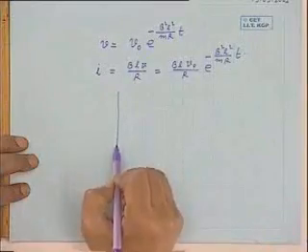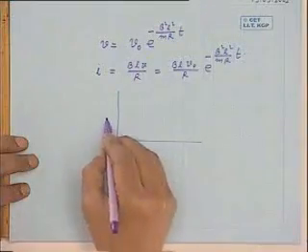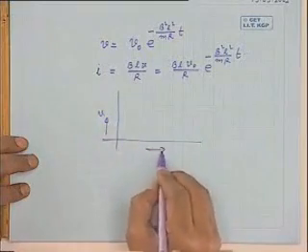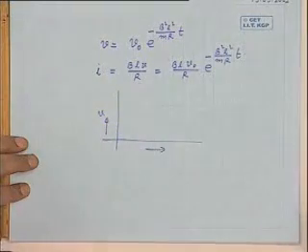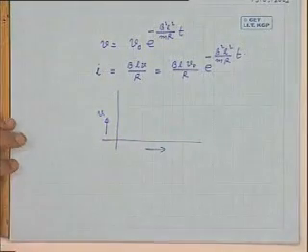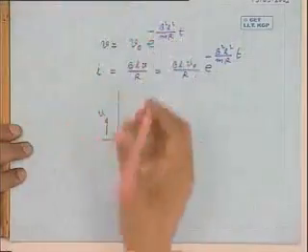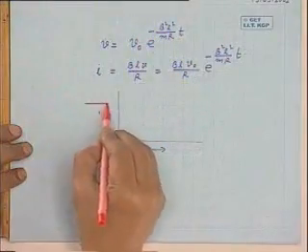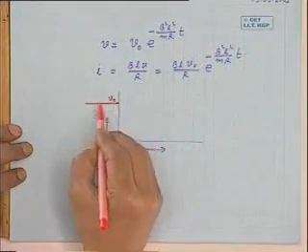What will be the final outcome of this whole episode? Finally, the conductor will come to a halt, and the lamp will not glow, because the velocity will finally reach zero. If you plot the velocity versus time, prior to t equal to 0, velocity was V0.